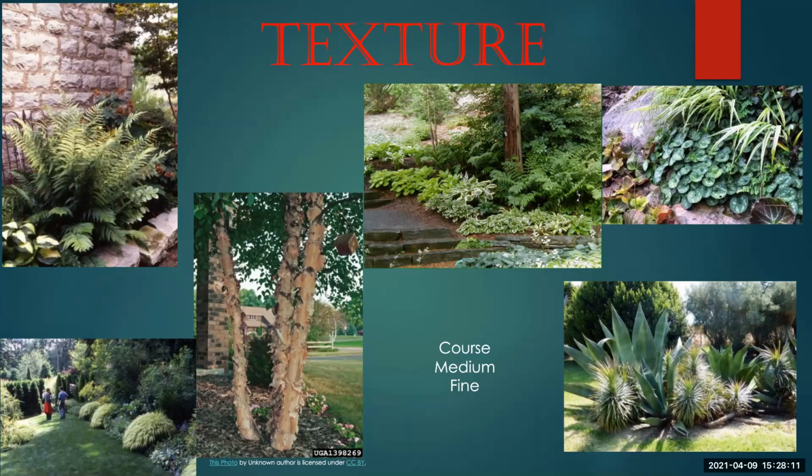And then we come to fine textured. This is thin, strappy leaves with delicate leaves and tiny twigs. Examples are your grasses, your ferns, your Japanese maples. If you think of that frilly leaf that they have, they're considered a fine texture.